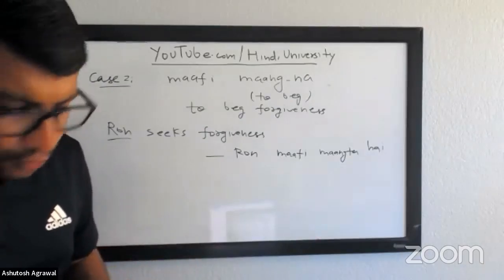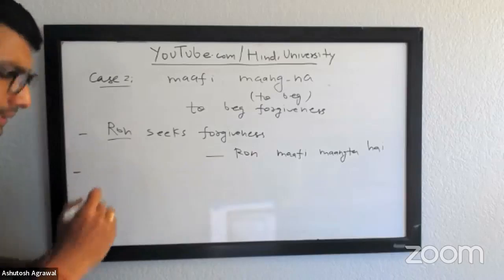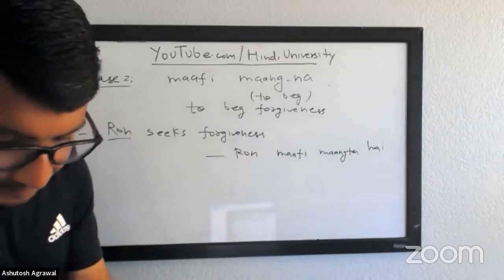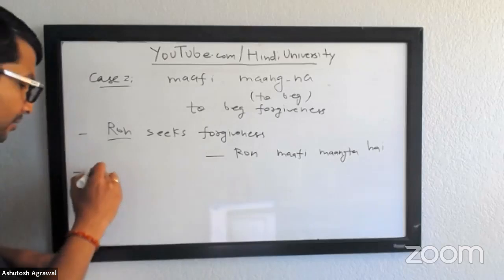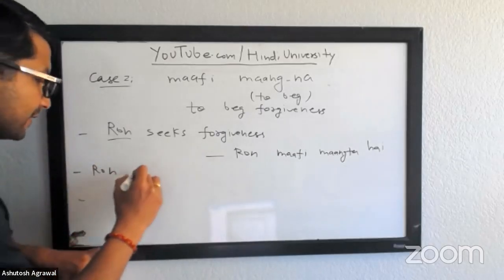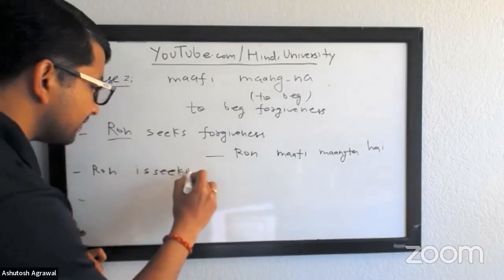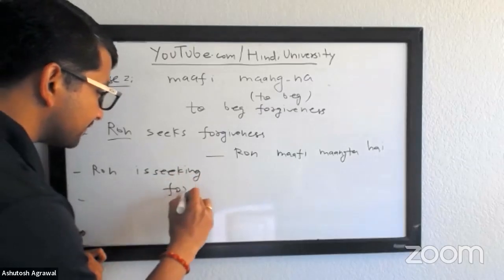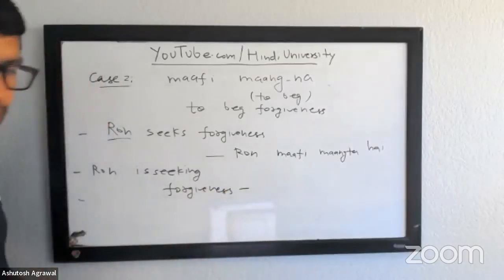Okay, now you want to say Ron is, this is your number 1. Ron, I'm going to change the tense here. Ron is seeking forgiveness. Okay, I just changed the sentence.